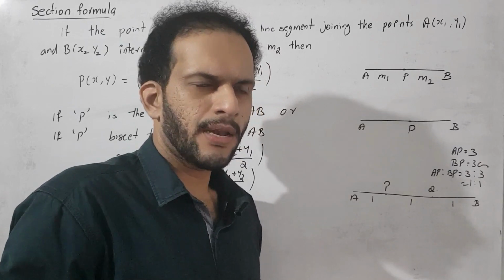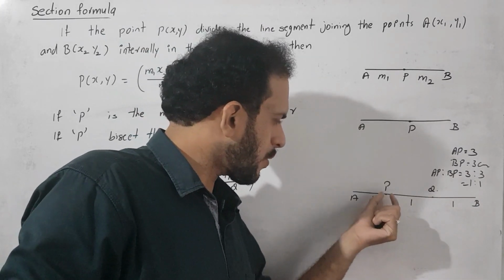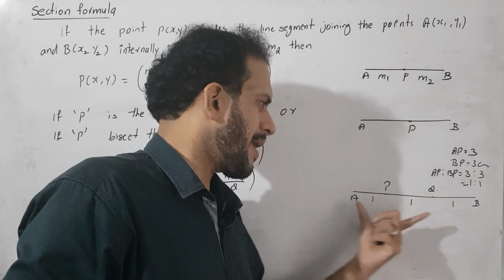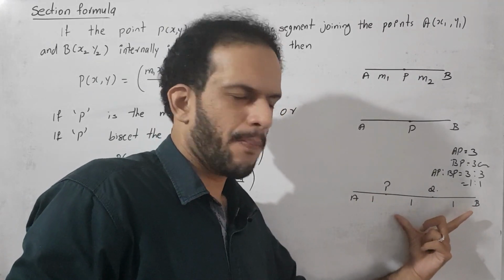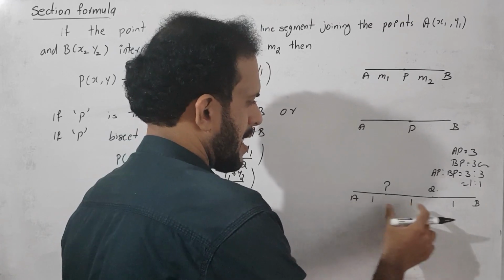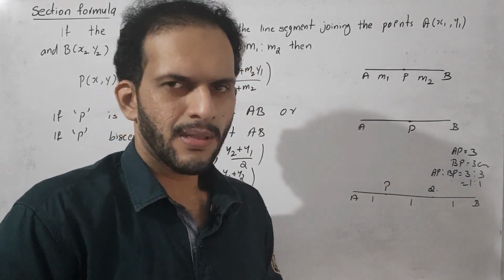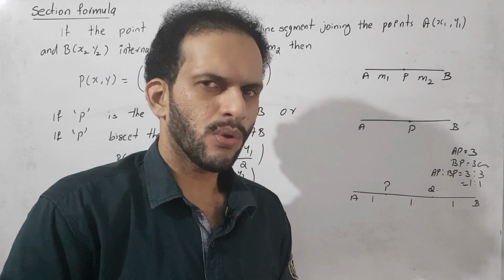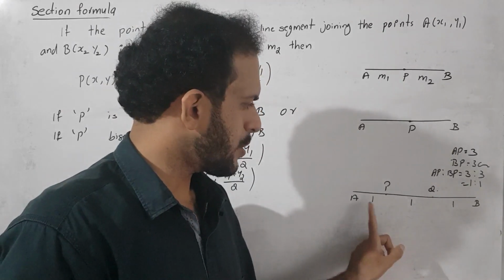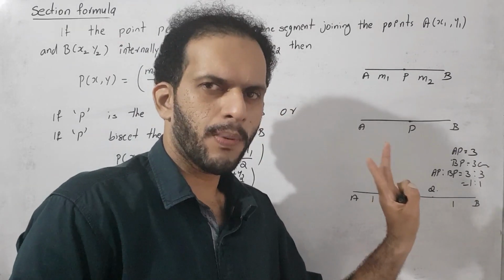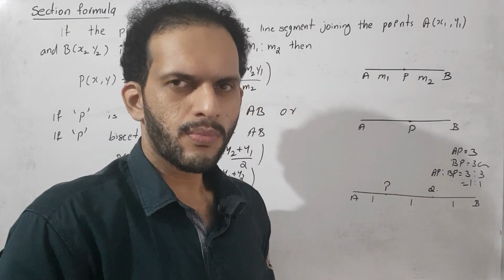If we are finding the coordinate of P, P is dividing AB into two parts only, not three parts: one is AP and the other is PB. Then how do we find the coordinate of P? At that time, what is the ratio? The ratio is 1 to how many parts on the right side of P? 2 parts. Then 1 to 2.